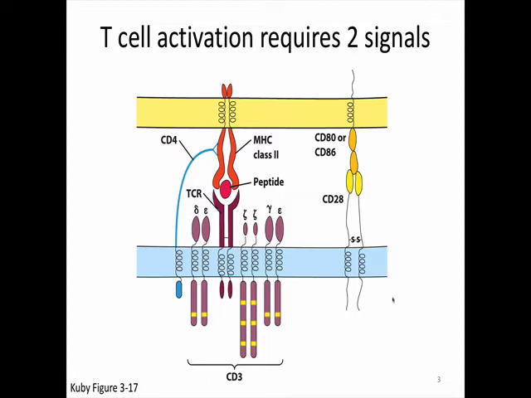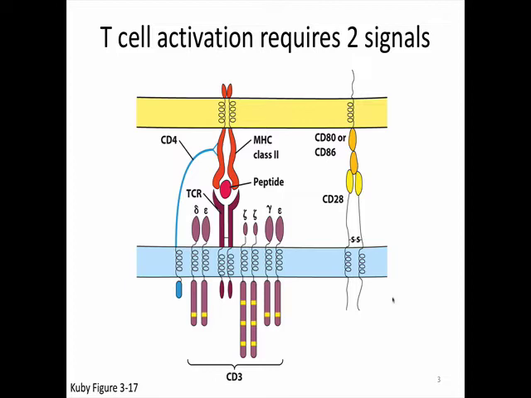CD28 has 2 possible ligands that are shown here. Those ligands are listed as CD80 and CD86. The other names for CD80 and CD86 are B7-1 and B7-2, or just B7. So sometimes you might see B7 listed.